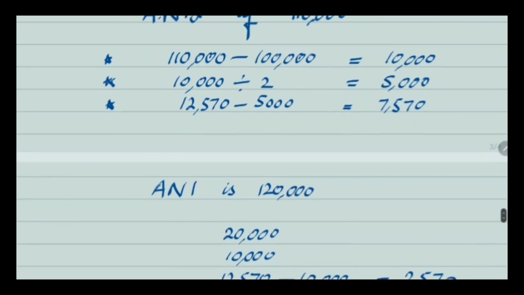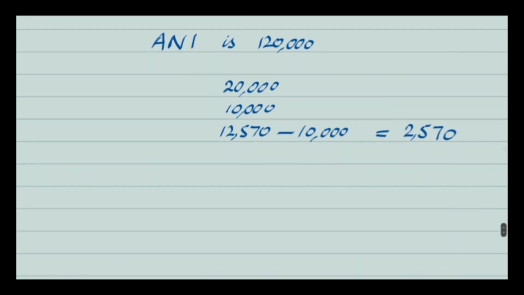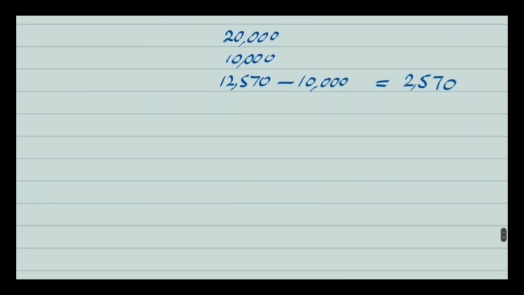In that case, again we need to identify the portion in excess of 1 lakh, which is 20,000, divided by 2, we'll get 10,000, and subtract this 10,000 from the personal allowance of 12,570, and we'll get our adjusted personal allowance as 2,570. So as a result of the increase in adjusted net income, our personal allowance reduced to 2,570.